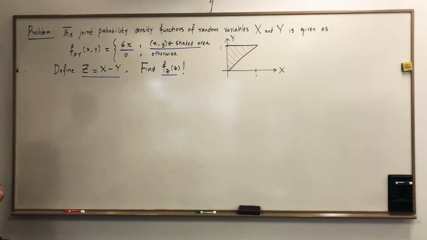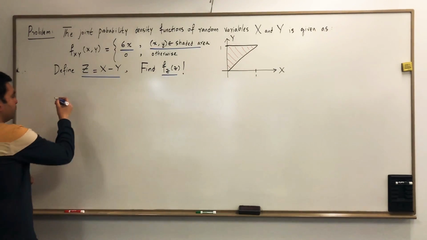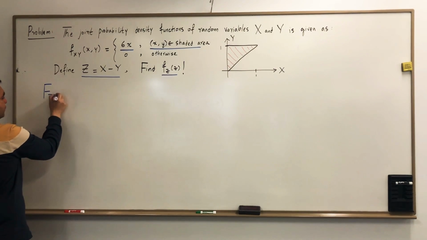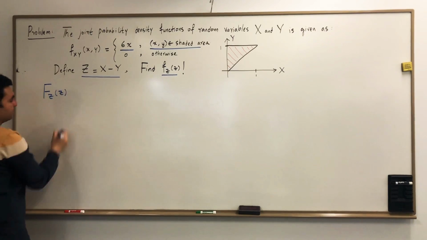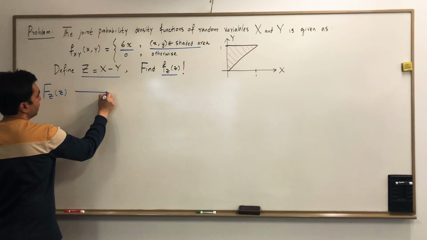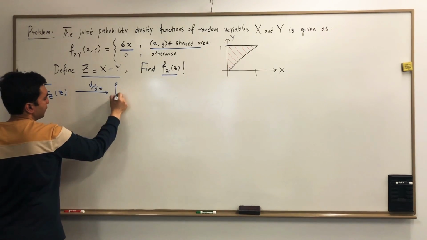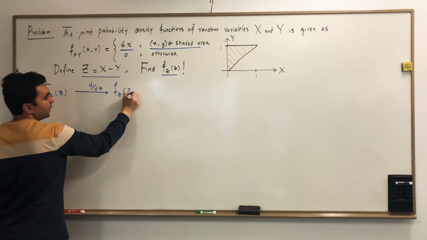So in these sort of problems, we use the distribution function approach. That means we will begin with finding the distribution function of Z, that is capital F_Z of z, and then we differentiate this to obtain the small f_Z of z, that is the probability density function.